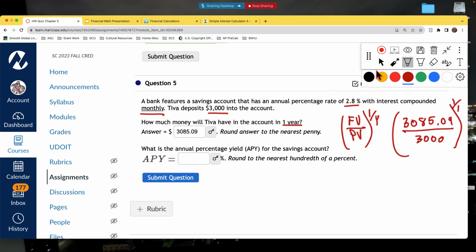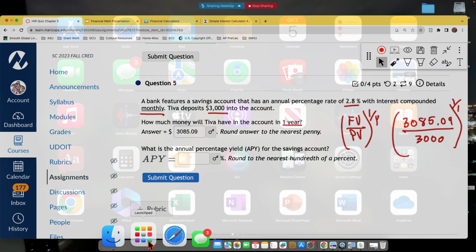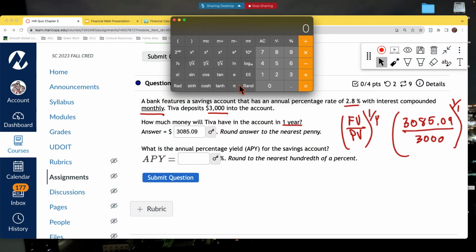And we could use just a simple calculator for that one. $3,085.09 divided by 3,000. 1.02836.